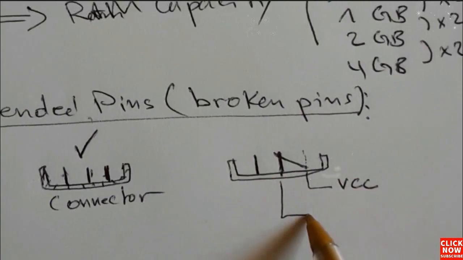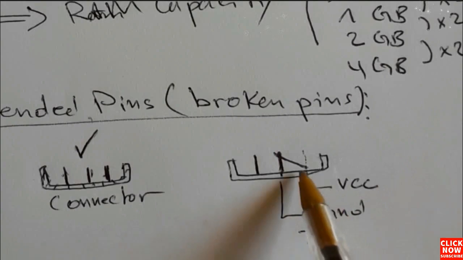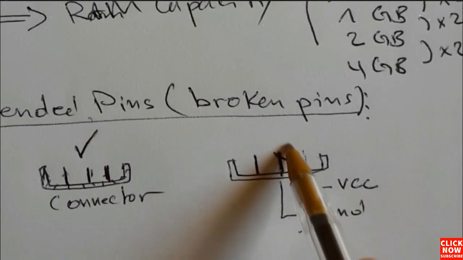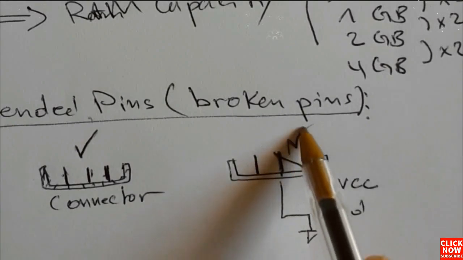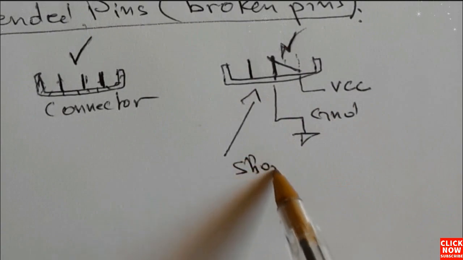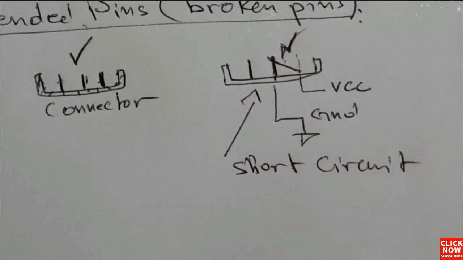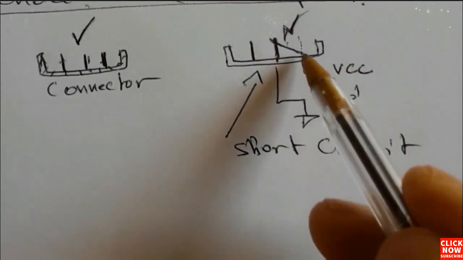For example, the third pin is VCC and the second one is the ground. Here we have a short circuit. So you should always pay attention to bended pins in every motherboard. This is one of the common faults in laptop motherboards and even computer motherboards.